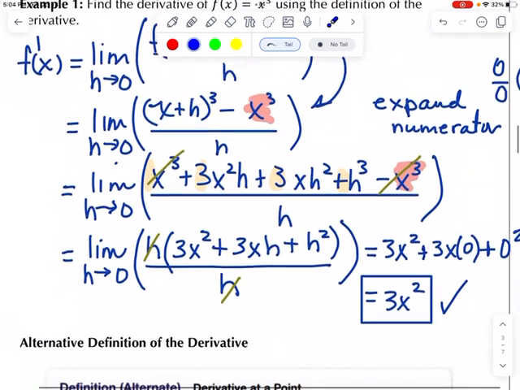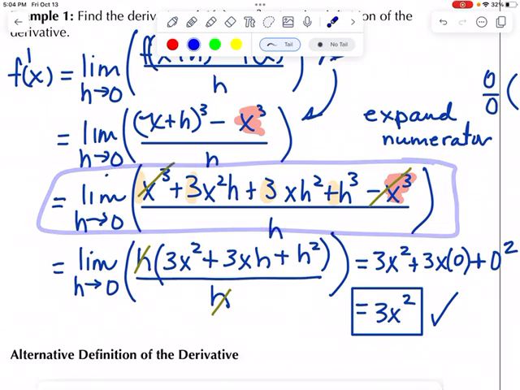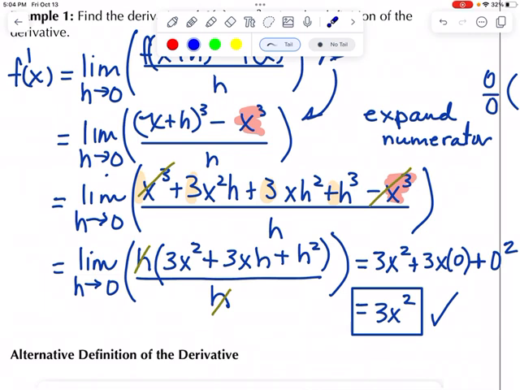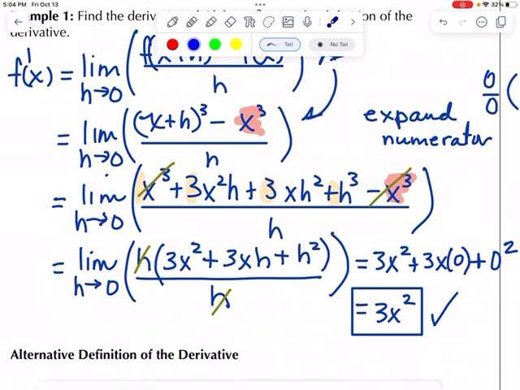And then after that, we expand the x plus h cubed. And notice at this step, we cancel the x cubes, factor out the h in this last step, cancel it, and then take the limit by direct substitution. And we get 3x squared.